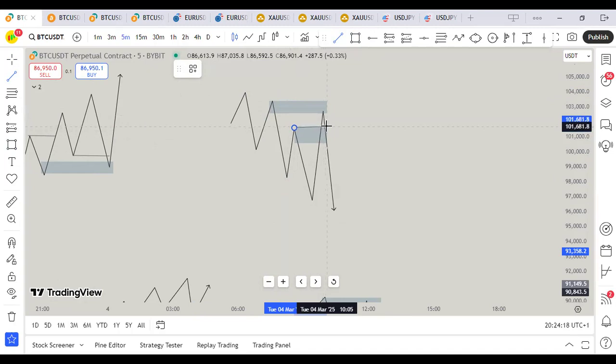I call it inducement. You can call it liquidity. Inducement is like a trap that the market tends to hit. Markets move with money. If the market did not absorb money, it will not move.